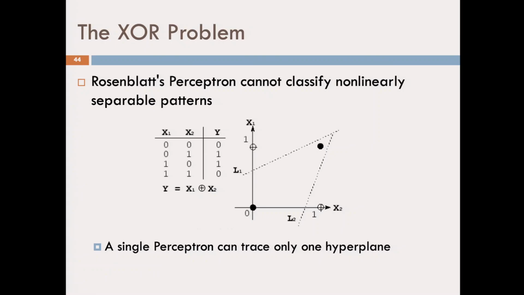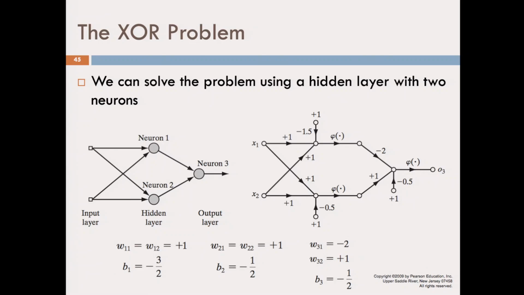But we can use a multi-layer perceptron. So we can have a layer with 2 neurons, then an output with 1 neuron.